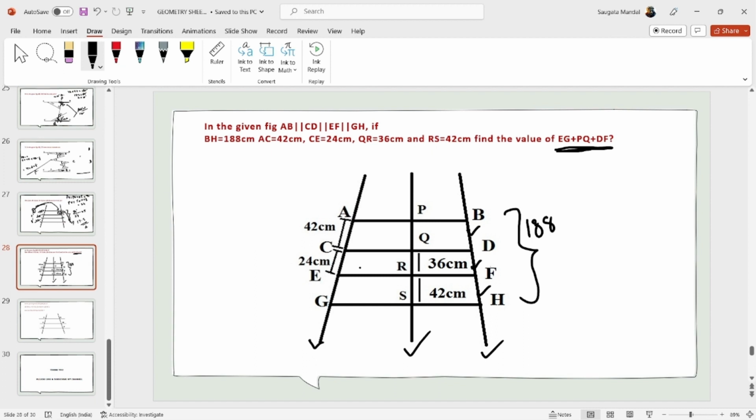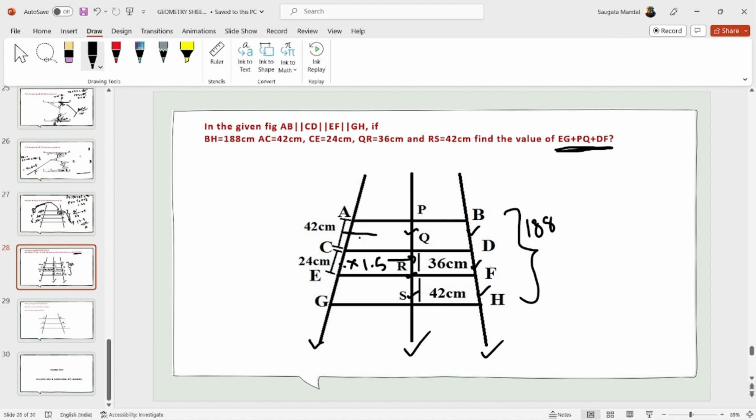In the same proportion, it is multiplied: 24 multiplied by 1.5 is 36. That means every value is multiplied by 1.5, then we can get the value of these lines.